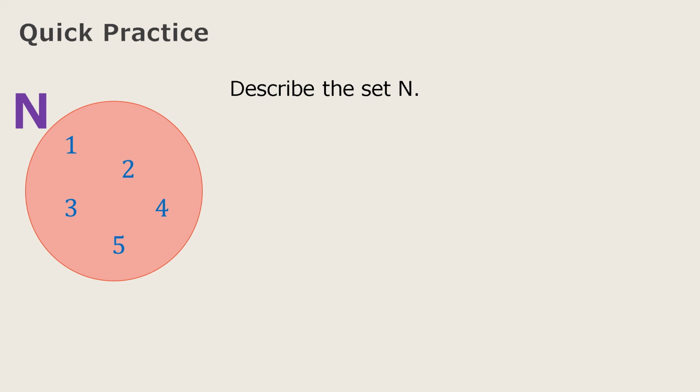Well, the set N has numbers, but what type of numbers are inside of this set? So we say the set N, so we always have the set name first, is equal to curly brackets, and we can say numbers between or numbers from 1 to 5. So that is the description of the set. It has natural numbers from 1 to 5.